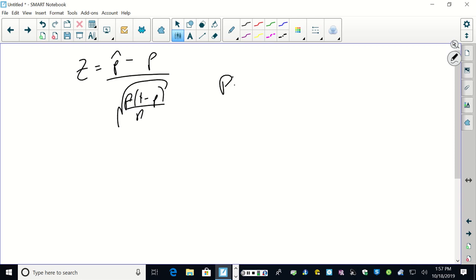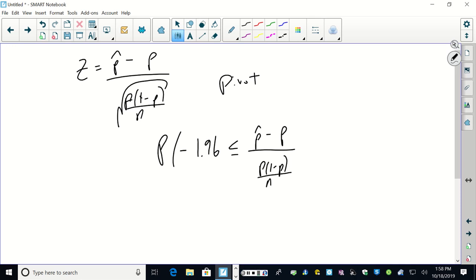Using this idea of a pivot, we would say negative 1.96 is less than or equal to that z value, which is less than or equal to 1.96, and that's about 95%, right?